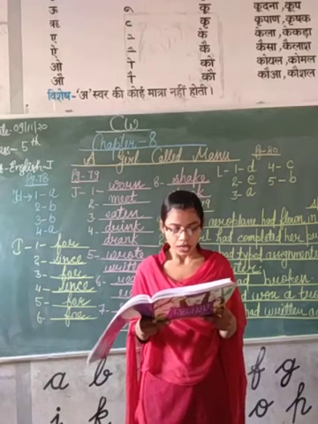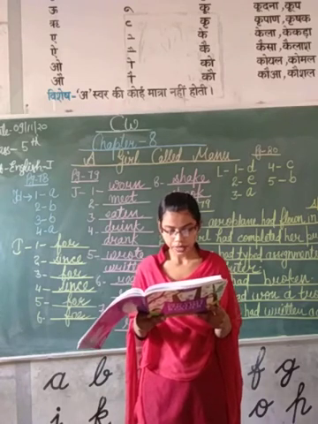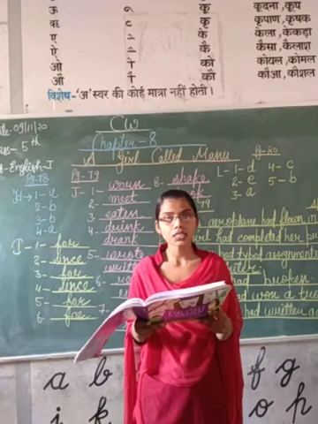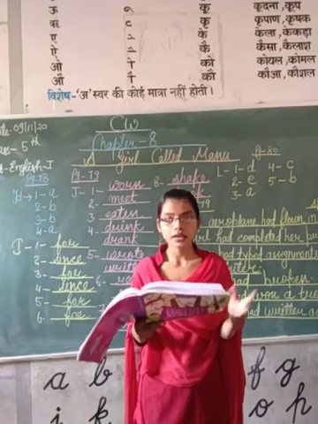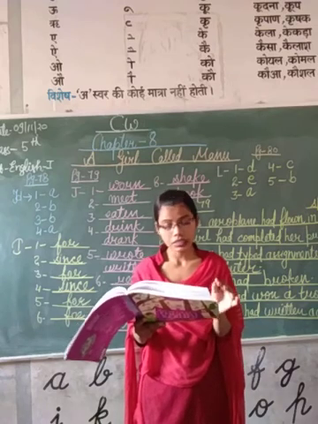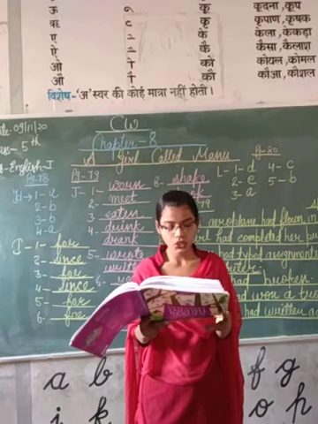So examples are given. The sage saw the baby girl's future. It is related to simple past tense. Okay, saw, the second form of the verb is given. It is related to simple past tense, or past indefinite tense.